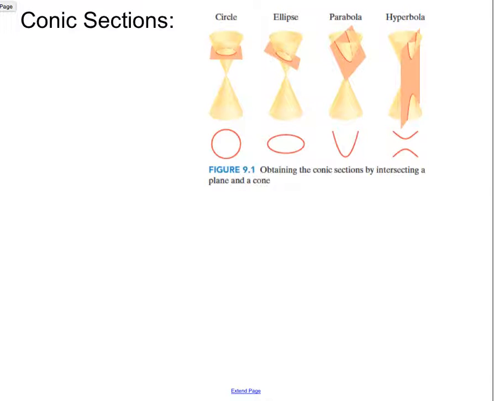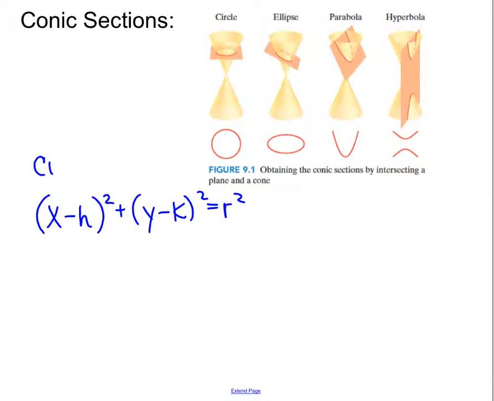The general equation for a circle is x minus h all squared plus y minus k all squared equals r squared. So this is for our circle, the standard form equation. You're going to see some similarities with this equation to the standard form equation for an ellipse.